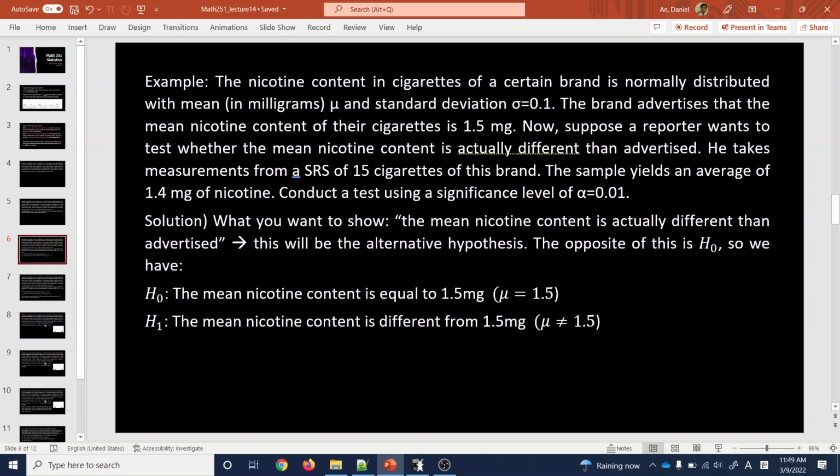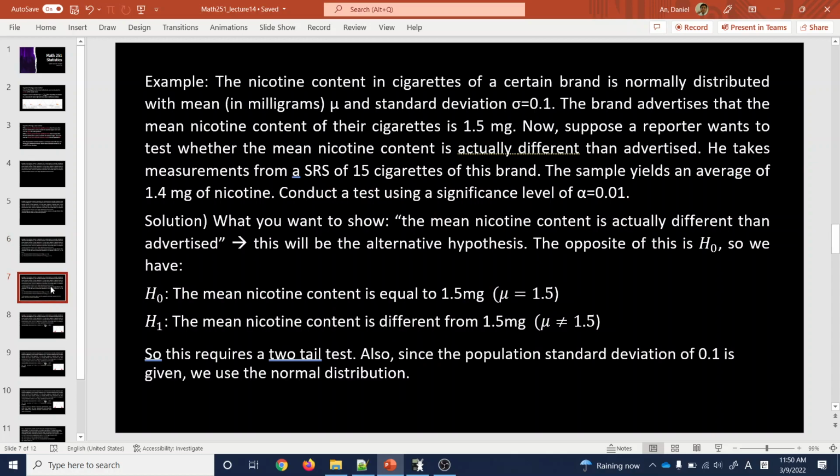And the opposite of this would be the H0. As I said, H0, the null hypothesis, is always stated as equal. So you write down mu is equal to 1.5. That's what the company claims, and you want to disprove that, right? You want to say that no, something's off. He doesn't think that's right, right? In fact, it looks like the average is less than 1.5, right?